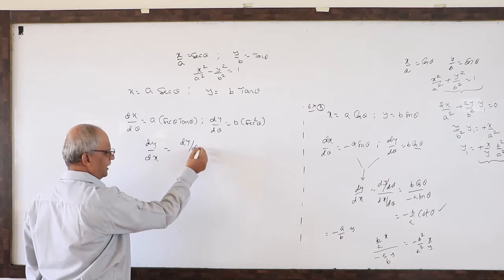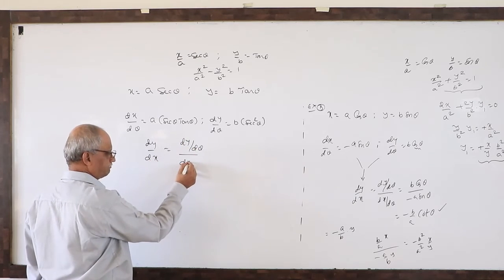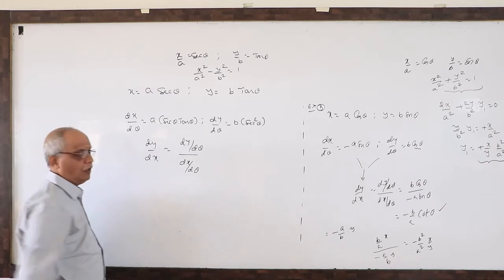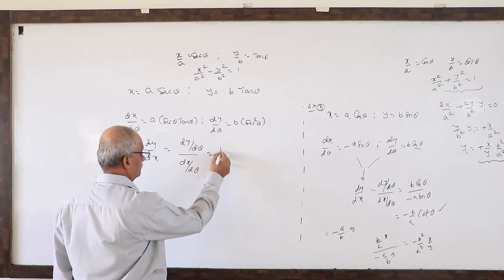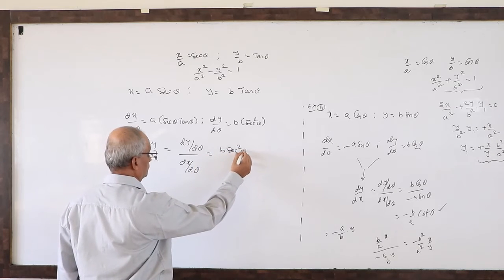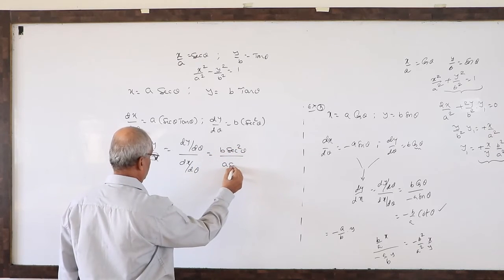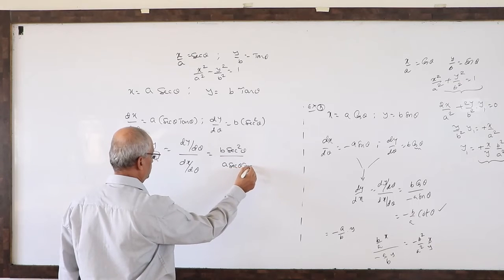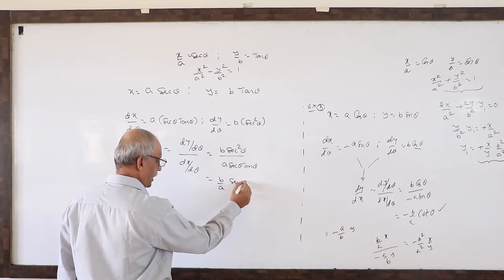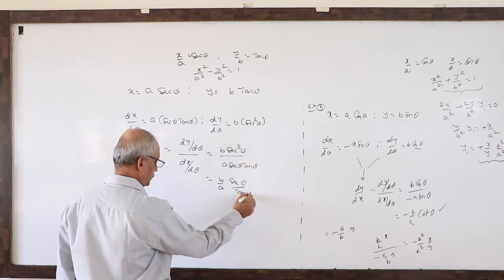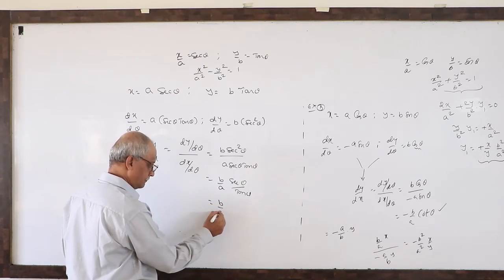dy by dx is equal to, what is next? One secant cancels. Change into sin and cos.